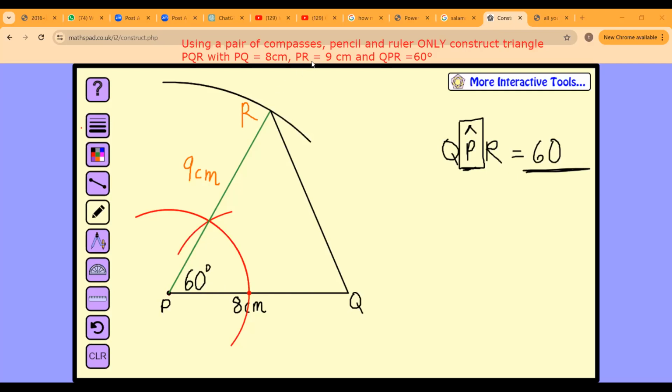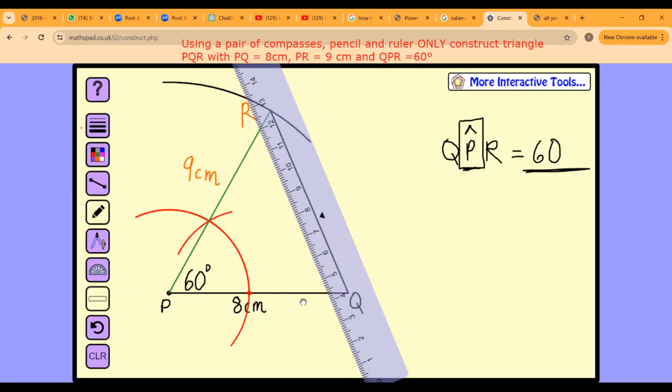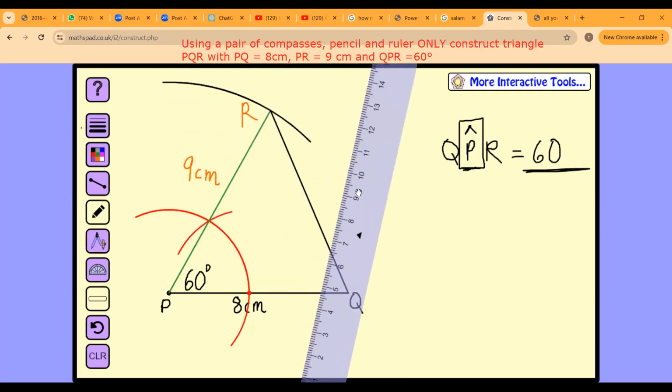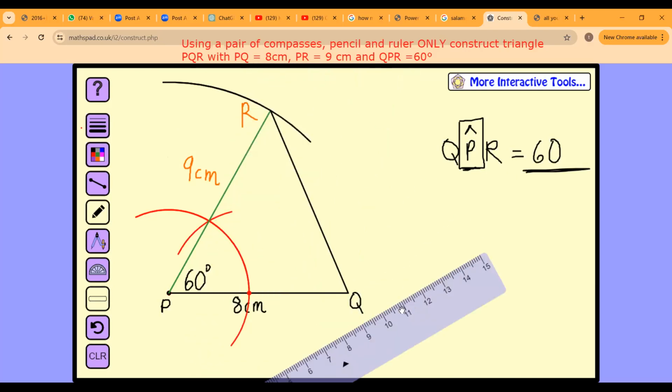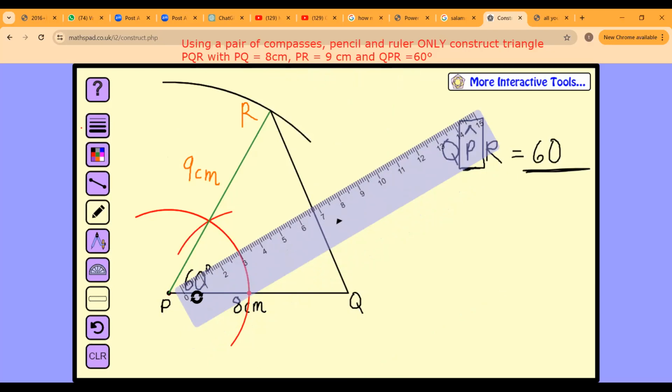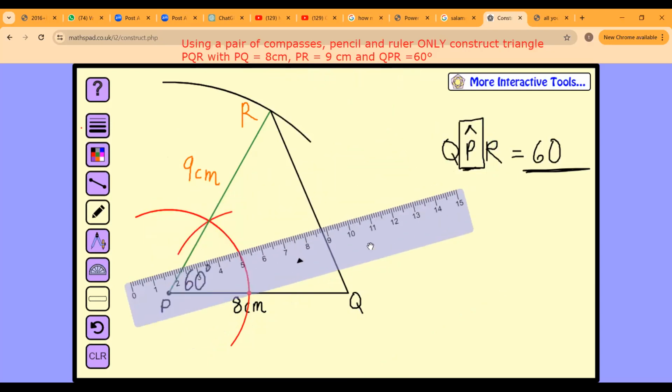How long should PR be? 9 centimeters. But in order to draw the 9 centimeters, did we use our ruler to draw it? Did we put a compass on top of our ruler to extend it? Remember that? Good.